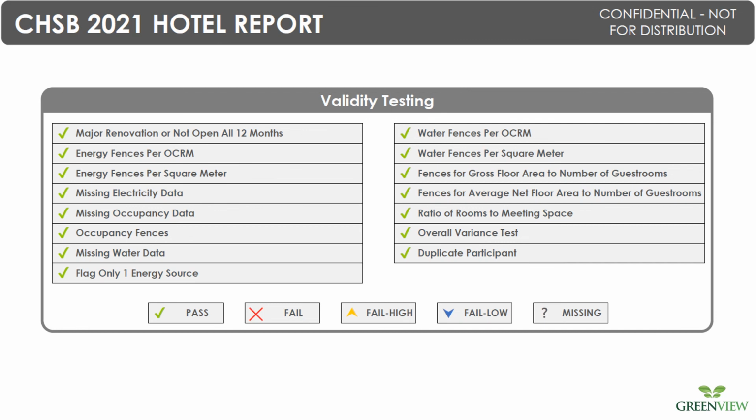However, if the occupied rooms, occupied room ratios, energy ratios, and electricity data pass the validity test, then it would generate energy or water intensity per occupied room, because those were okay even though the floor area might have been incorrect.